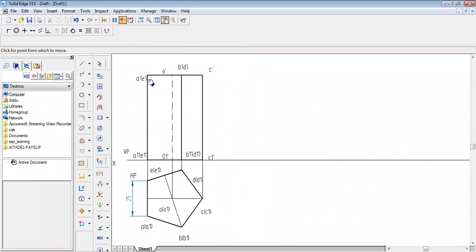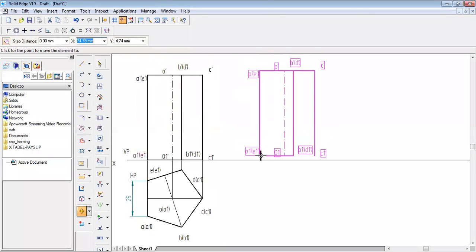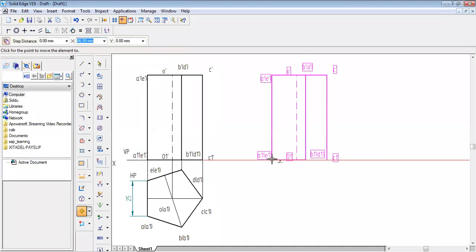So now I will select everything, including naming, by pressing Control. Now I'll say move, and I'll just place it over here.